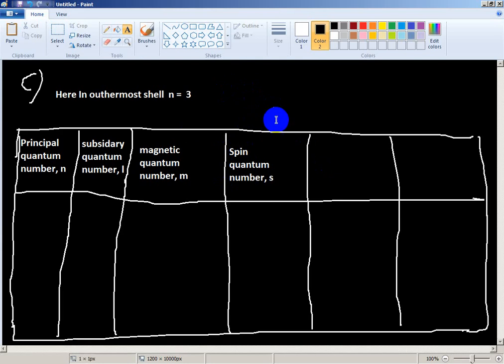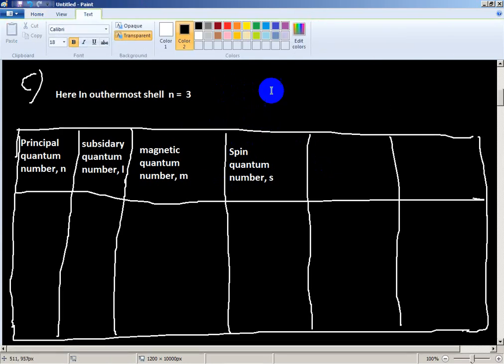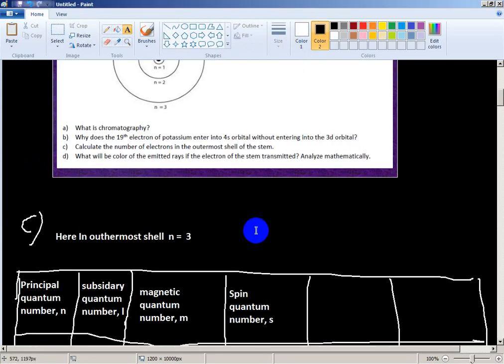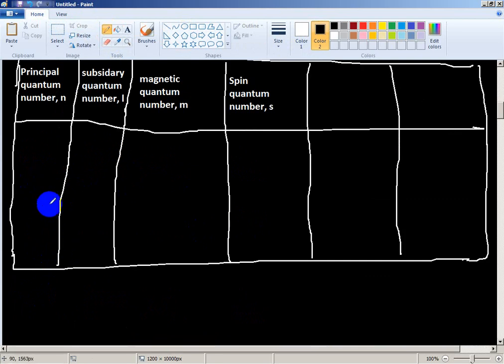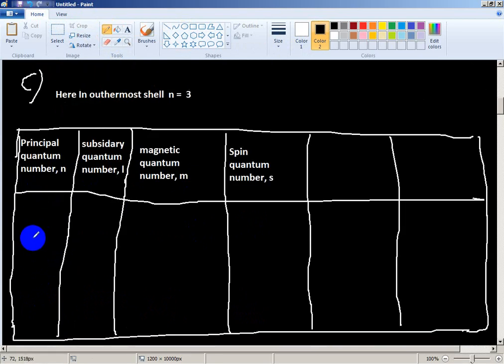Okay, here the question is to calculate the total number of electrons. So what is the principal quantum number? n equal to what?